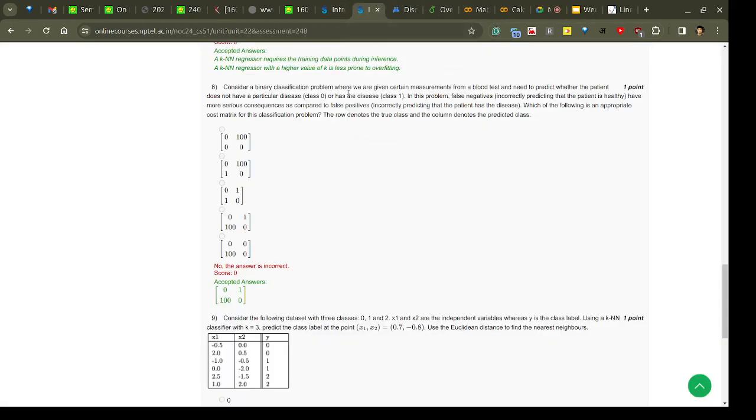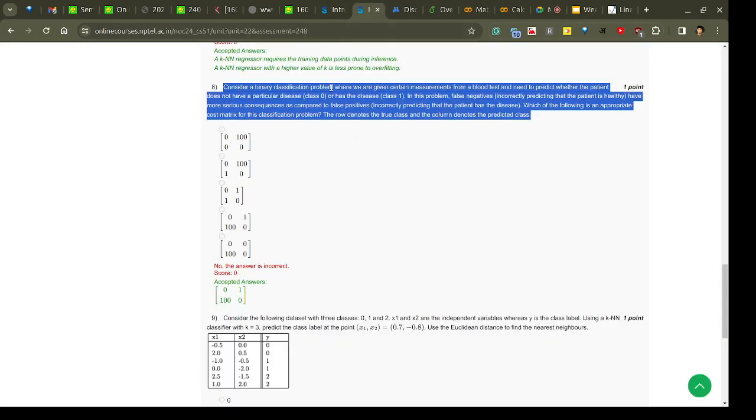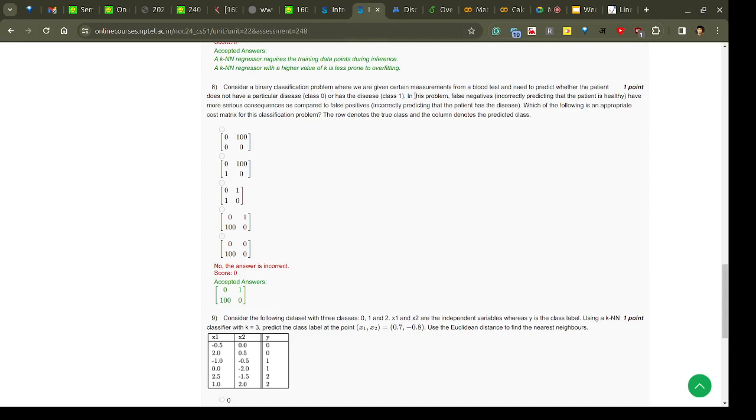Consider a binary classification problem where false negatives have more serious consequences. If you say that the person is healthy but actually the person is not healthy, which is a false negative, that has very severe consequences, because the person will think, yeah, I am healthy, and will not do any treatment.